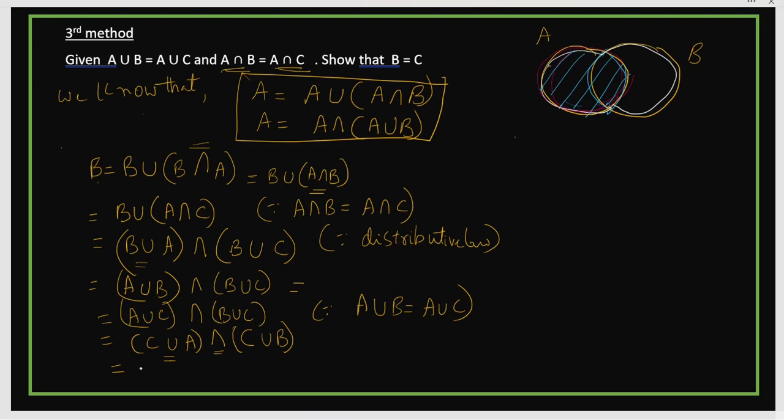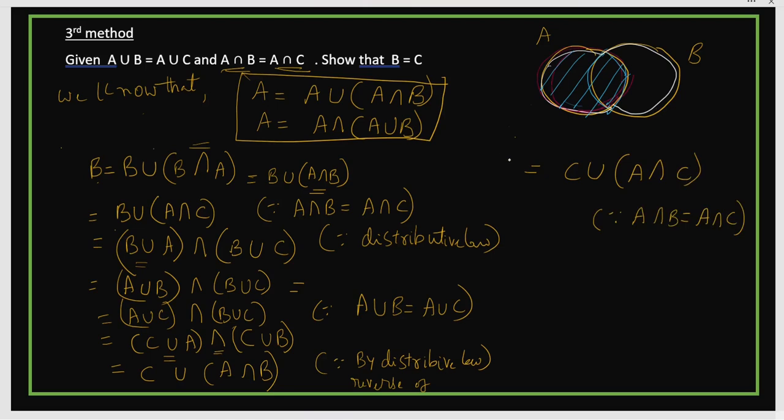So C union A intersection B, right? C union A intersection B by the distributive law. In fact, we have reversed it. This equals what? C union A intersection C, because it is given A intersection B equals A intersection C.